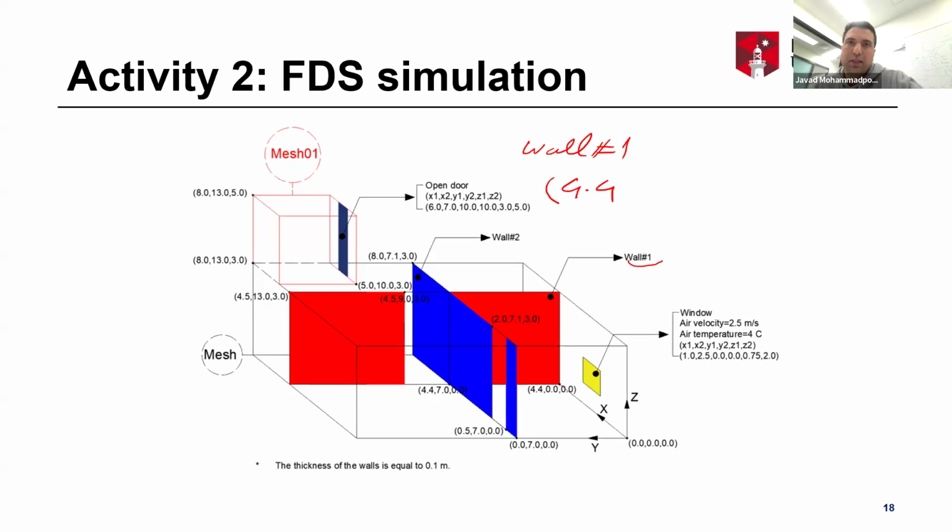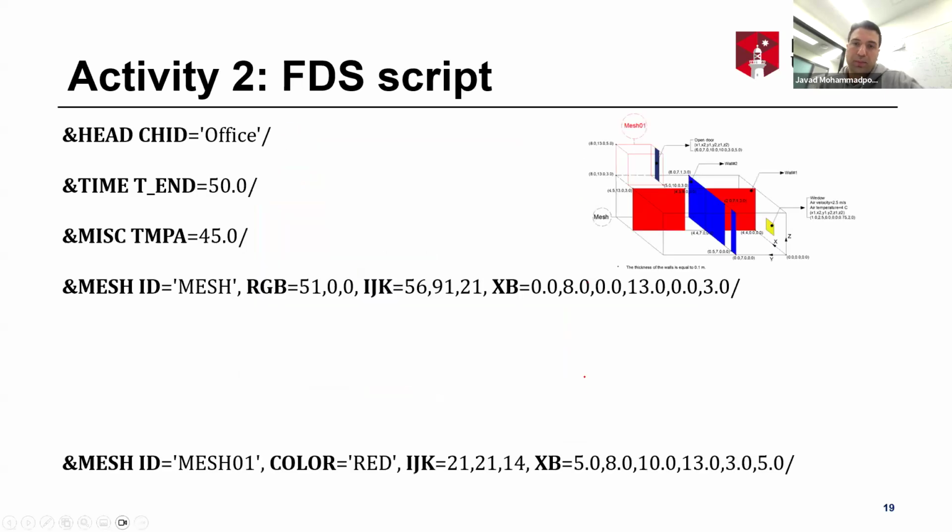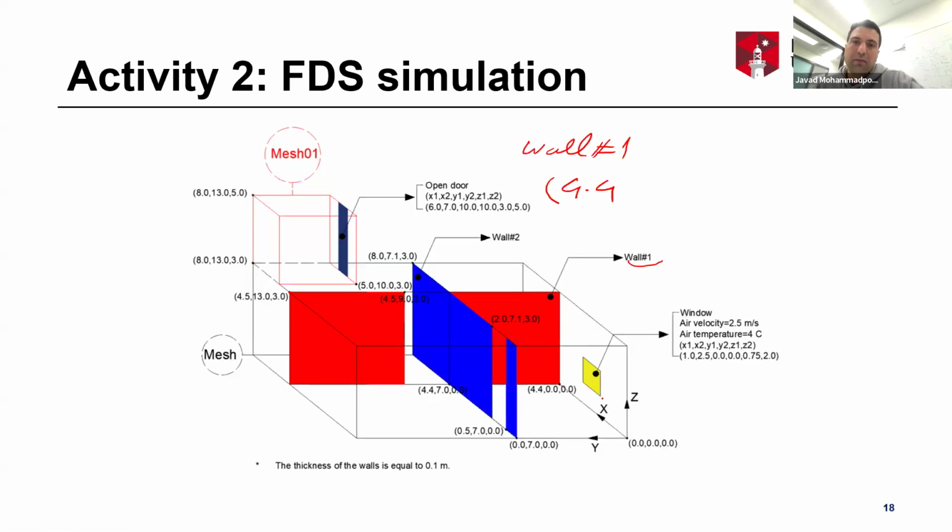Let me first explain the window here. We just need to define the coordinates of the window. So what is the minimum coordinate? It should be here. What is the maximum? It should be the opposite corner here.